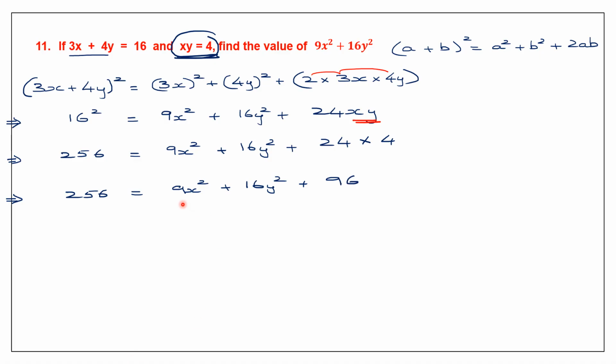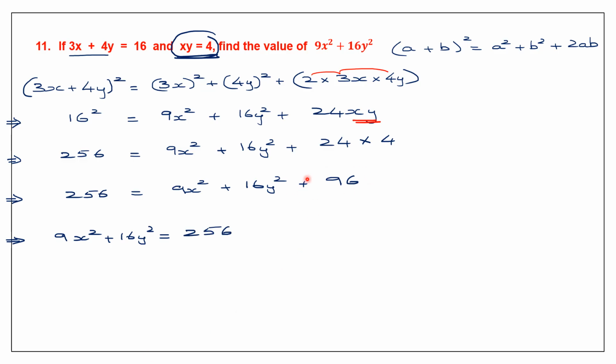Now all we need to do is find this, isn't it? Look at the question. It says find 9x square plus 16y square, which we have here. So let's write that down. So 9x square plus 16y square, leave out the 96, is equal to, on the other side we have 256.